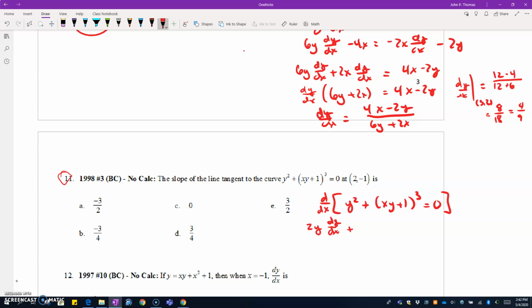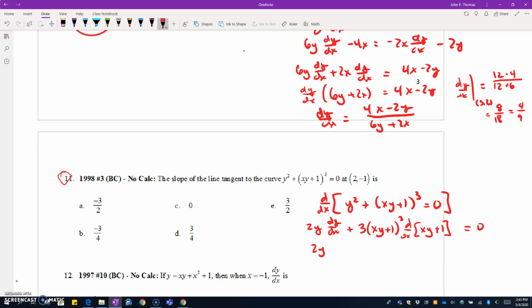Alright, then we have plus. Now, I've got an outer function here, which is something cubed. So 3 times (xy plus 1) squared, and then we're going to have to multiply by the derivative of xy plus 1 for the chain rule. Alright, and then we have that equals 0.